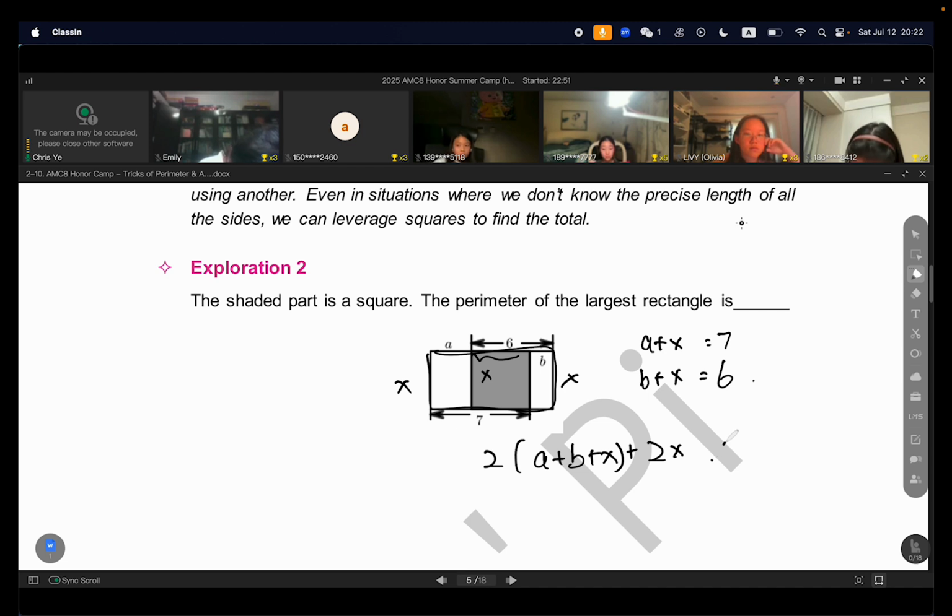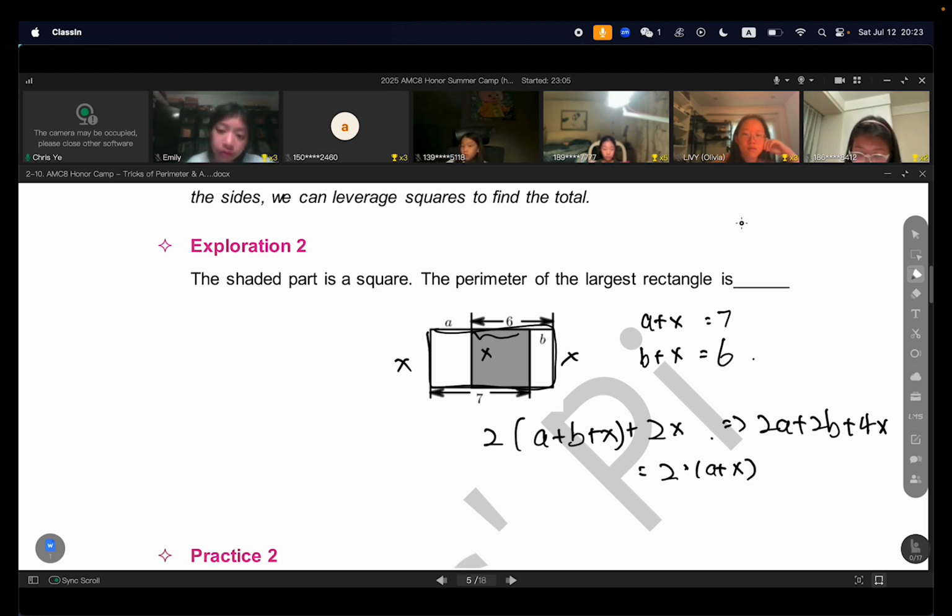And that, by simplifying, is going to be 2a plus 2b plus 4x, which is also 2 times a plus x plus 2 times b plus x.